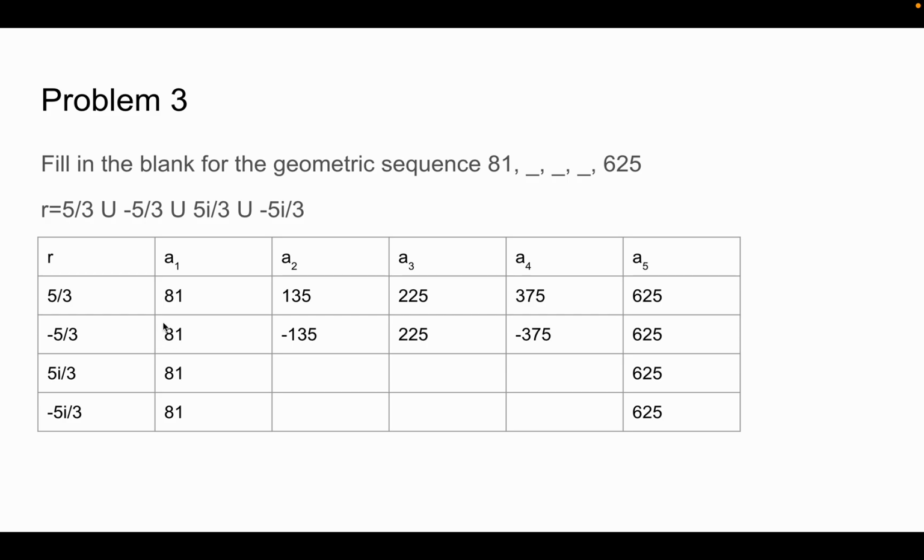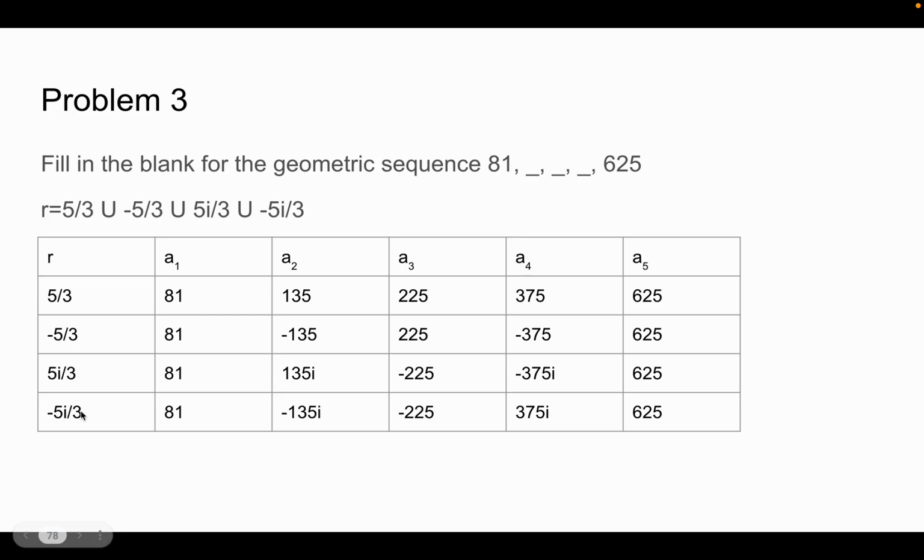This is the same thing, but instead of multiplying by 5 over 3, we are multiplying by negative 5 over 3, so we see that it's the same thing as this, but it alternates between plus and minus. And here we have the same thing again, but it's 5i over 3 instead of 5 over 3 or negative 5 over 3.